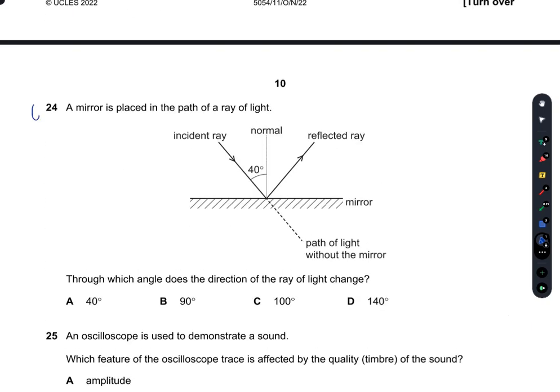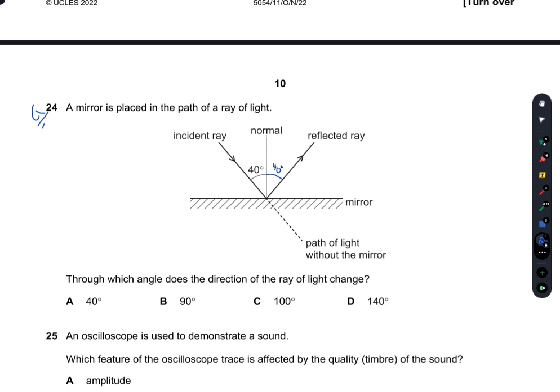Question number 24, tricky question. A mirror is placed in the path of a ray of light. Through which angle does the direction of the ray of light change? Now it is reflected, so this angle will also be 40 degrees.